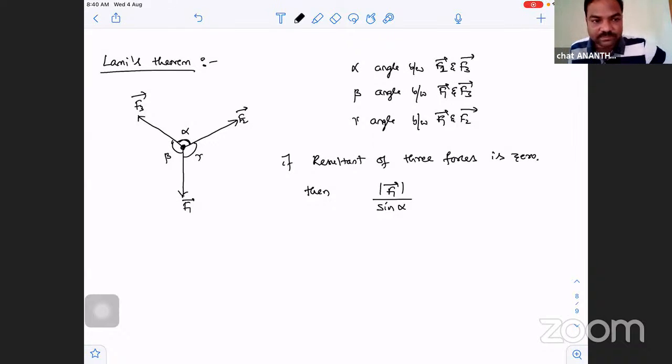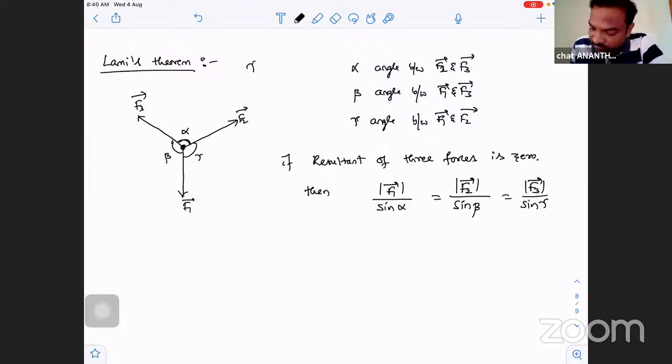This is equal to F2 magnitude by sine of the angle between F1 and F3, beta. F3 magnitude by sine of the angle between F1 and F2, which is gamma. This is the symbol for gamma. Understood? So this relation, if you want, you can use.